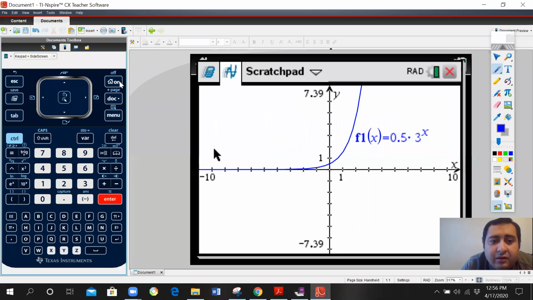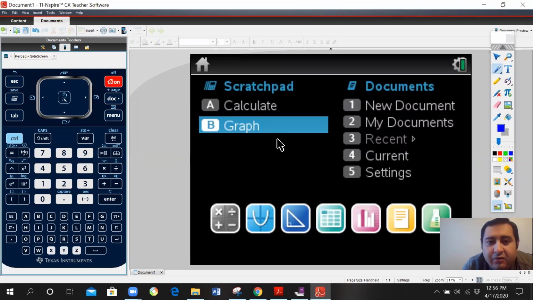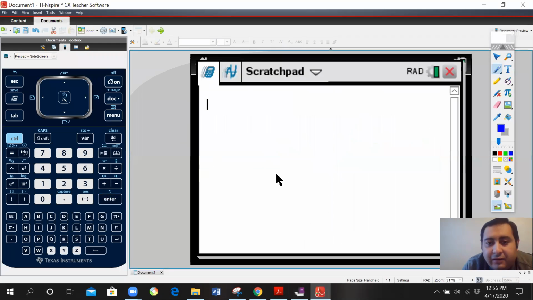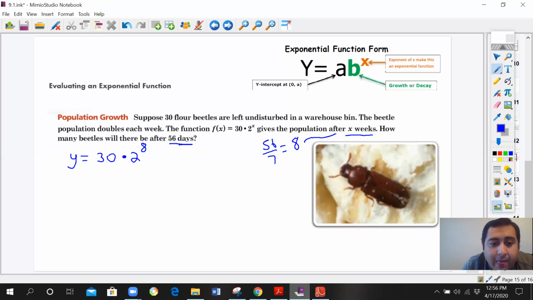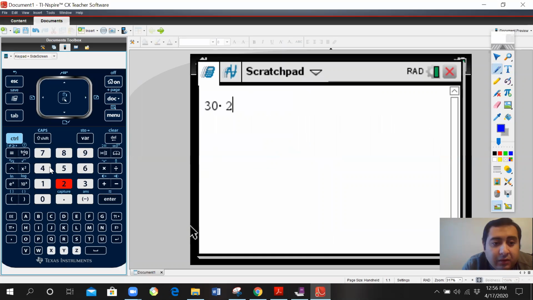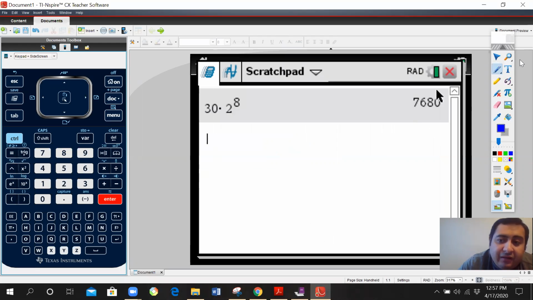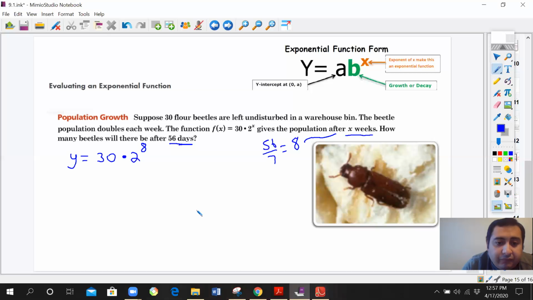Let's use our calculator in this case. Let's go to home and then calculate. Well, let's type it in. 30 times 2 to the power of 8. Enter. We get 7,680.